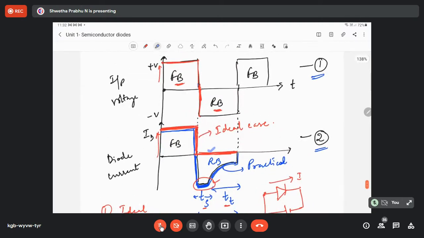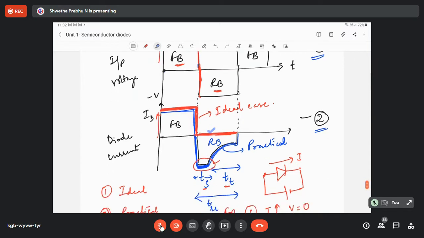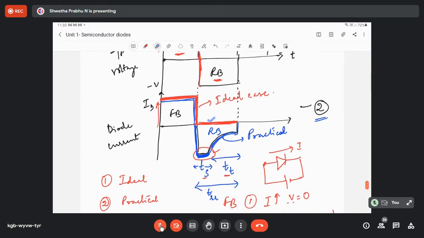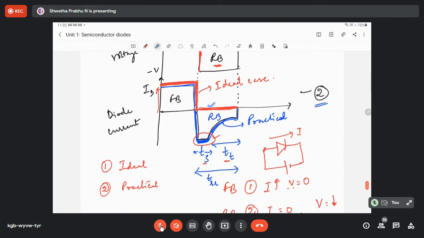Coming to practical case, what happens is suddenly when you switch the diode from forward bias to reverse bias, the diode won't go to zero state. It won't go to ground state. What happens is due to minority charge carriers, they will come over here and store for a certain amount of time called storage time.